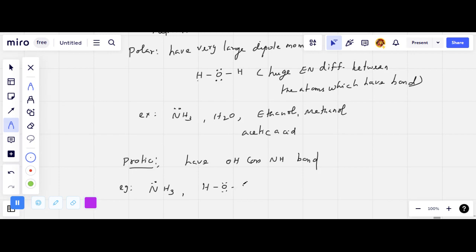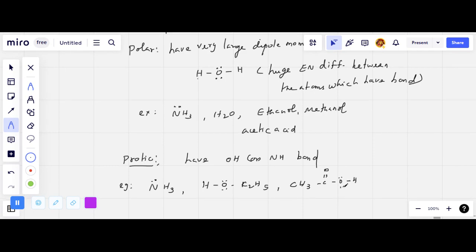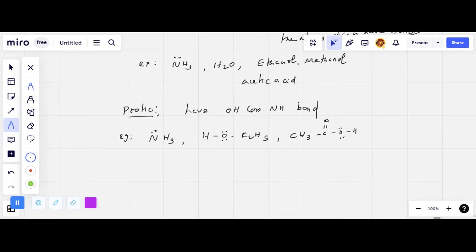Similarly methanol, and if you take acetic acid, CH3, C double bond O and OH. Okay, so this OH bond is there. So these are protic. If they have an OH or NH bond, it is protic.